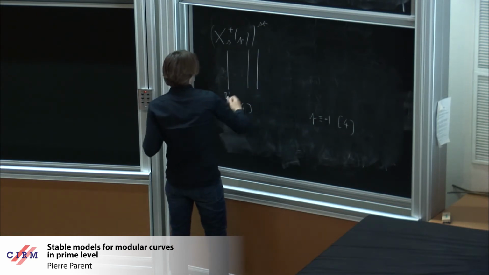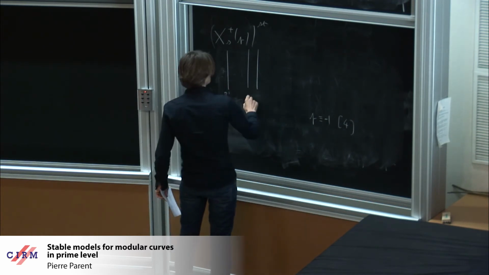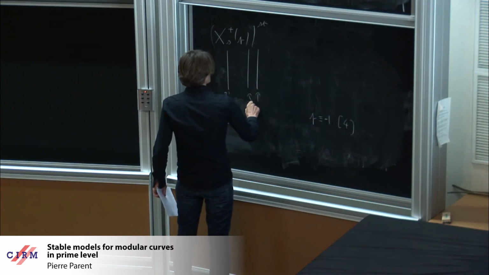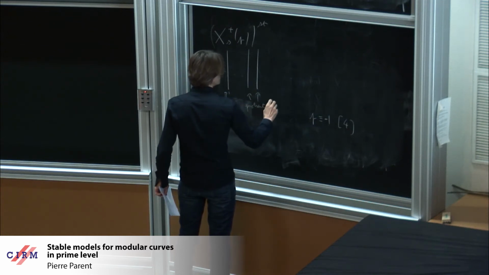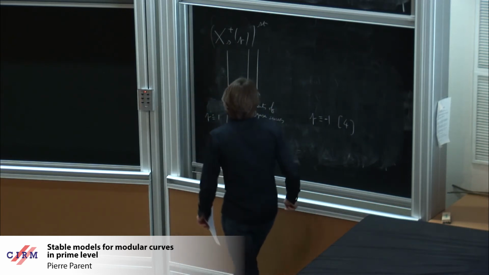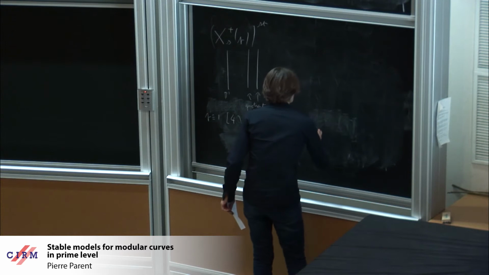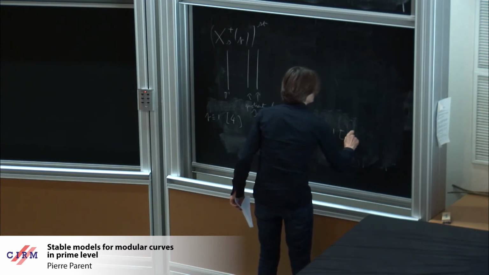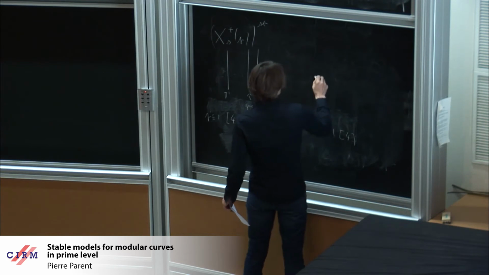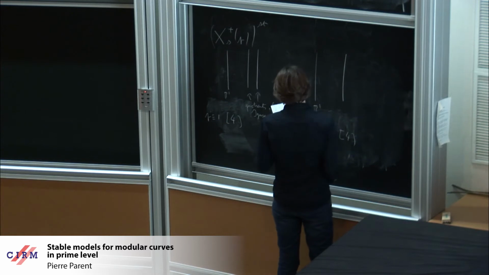So there is one which is just a projective line. And there are two Igusa curves, or actually quotients of Igusa curves. And if P is minus 1 mod 4, then we have the same P1 showing up, and there is only one quotient of Igusa curve.